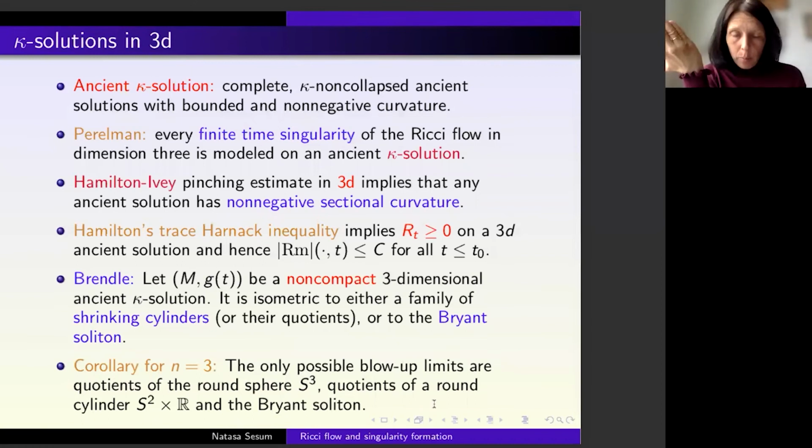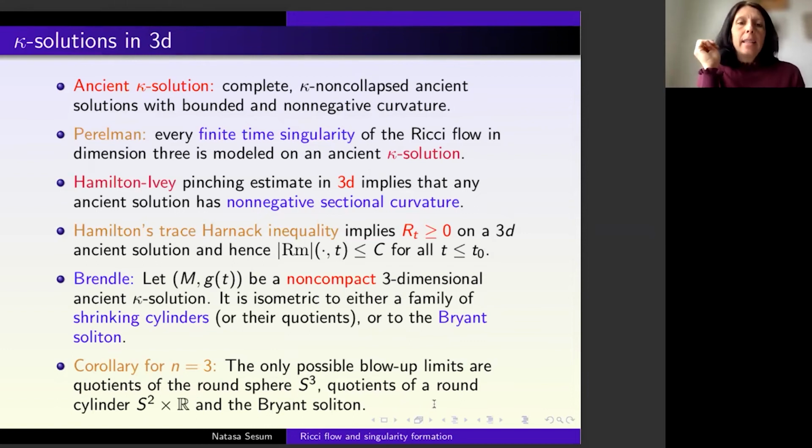But since you have the positivity condition, the full curvature is controlled by the scalar curvature. So you also have the boundedness of the curvature. That is why in 3D singularity models are always these ancient kappa solutions.